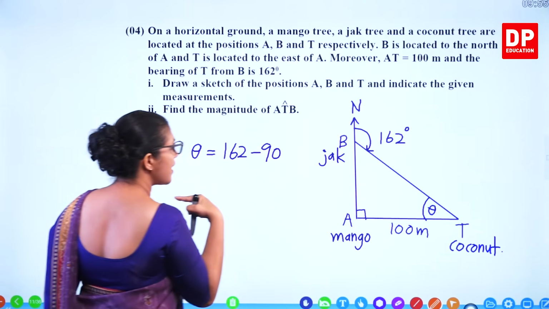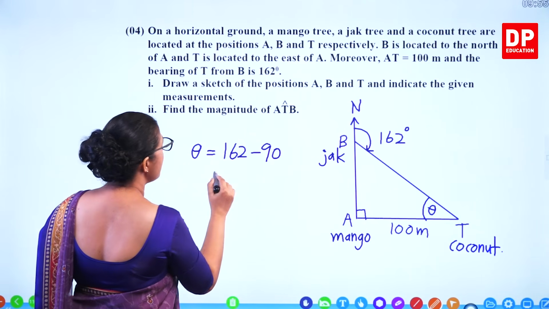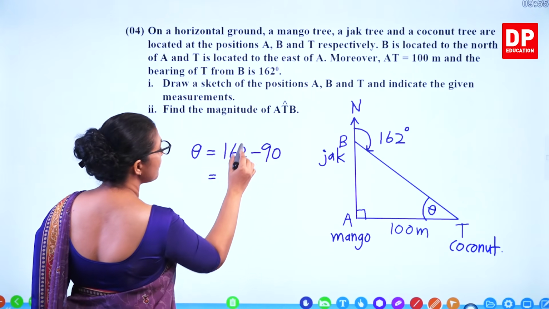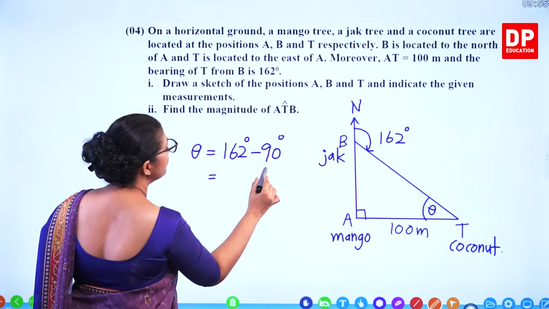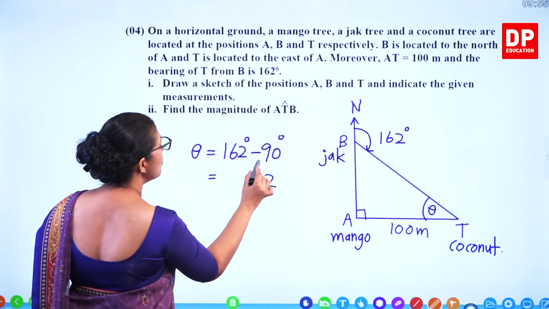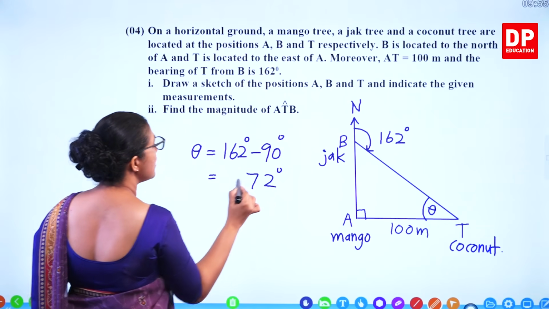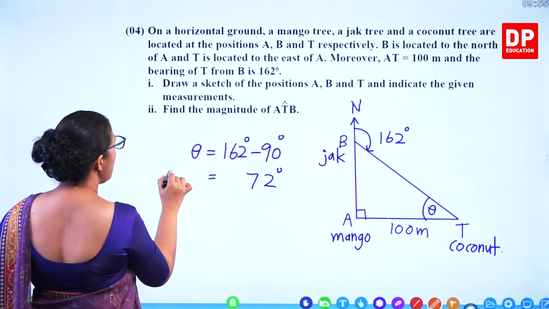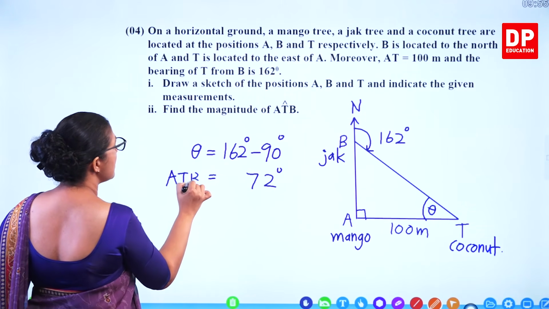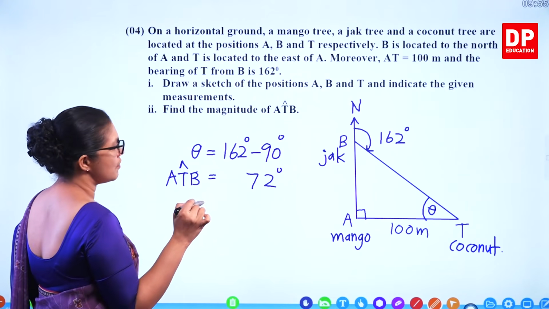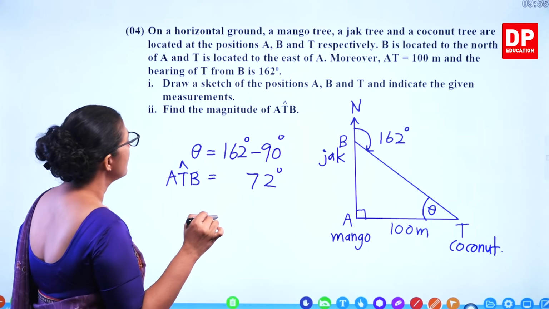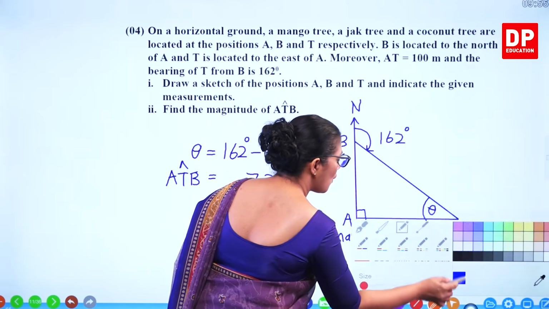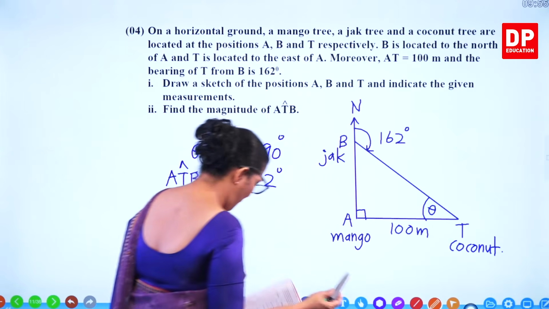Sum of interior angles add up to the exterior angle. What's the value? So you get 72. So the angle of ATB is 72 degrees.